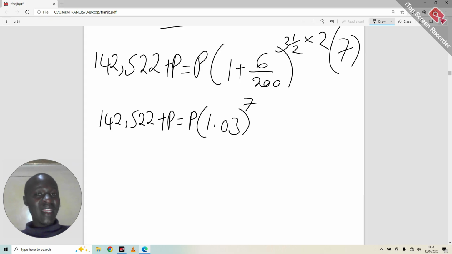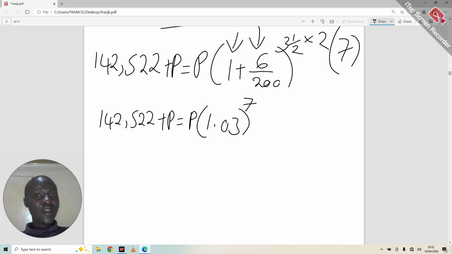Trying to remove that power, you'll see most of them coming with an idea of getting the 7th root. The main reason why we were getting the 7th root is because whatever was in the bracket, in one way or the other, it had an unknown value. Like for instance, having 1 plus x all over 200. Let's refer back to this point.